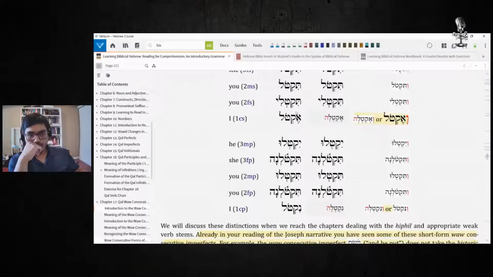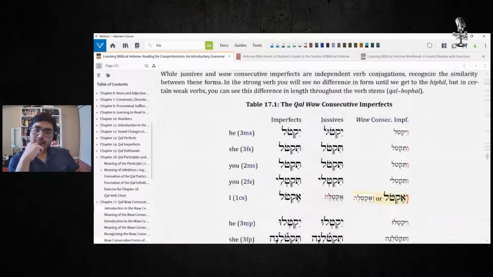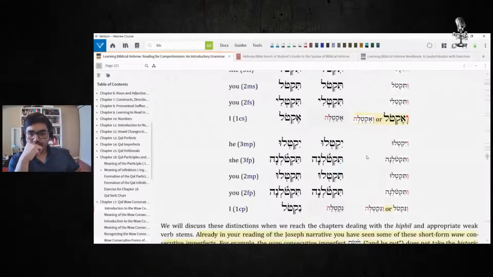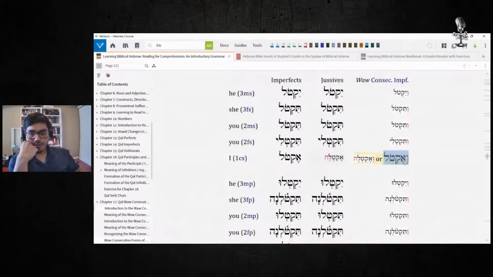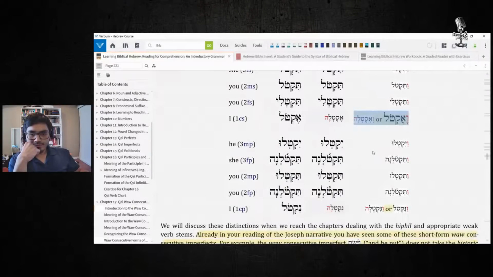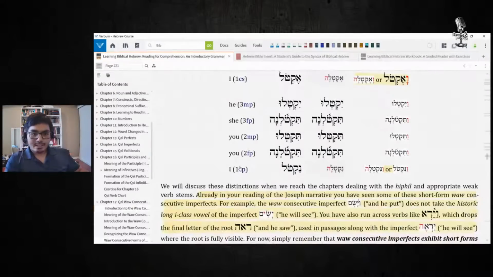So you have ektol for the imperfect, ektela for the jussive, and then in the verb consecutive here, you can actually have either form, vaektol or vaektela, and then niktol for the plural, niktela for the jussive, and then the form can be either vayiktol or vayiktela.